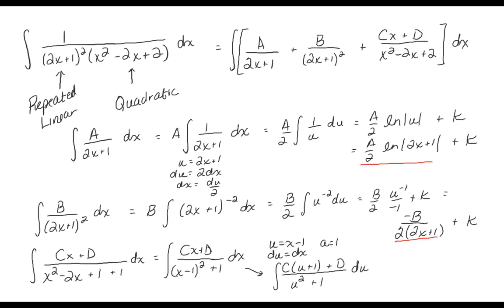Yeah, I guess. Yeah, so if u, I get it. You see that x is u plus 1. Yep. So then, let's see, I've got the integral of c times u plus c plus d, all over u squared plus 1.